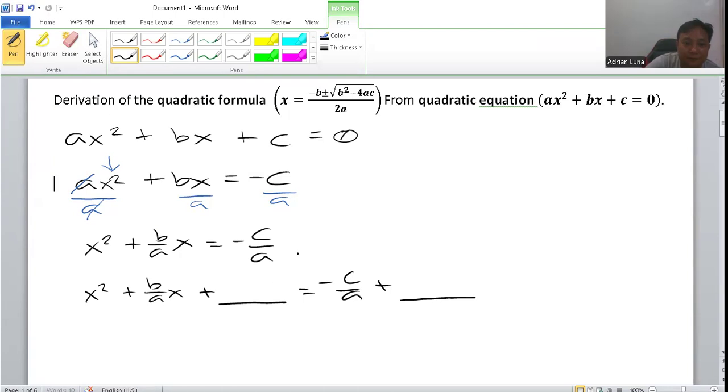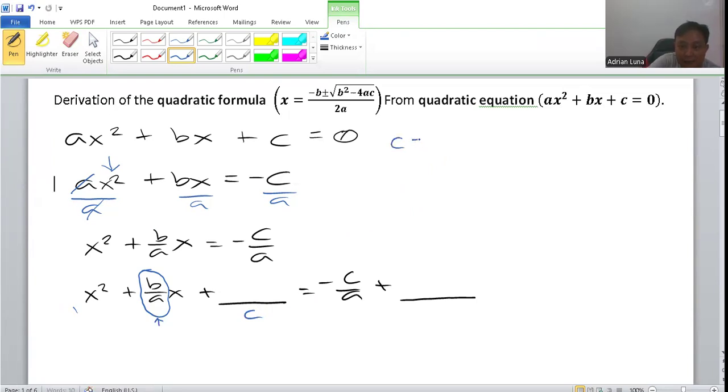And the formula for this is this coefficient of the second term, which is b over a. So this one, b over a, will be divided by 2. Yung c yung solve natin.